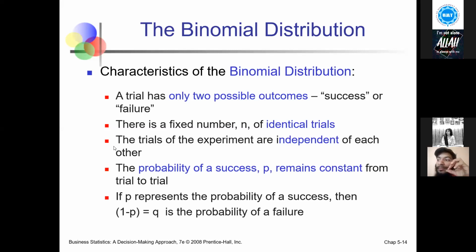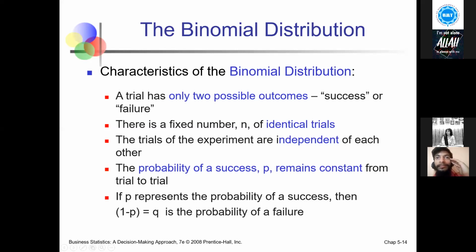So maybe a defected part can be used as a success. It doesn't mean that success is the good way, like passing, correct, and true. Success may happen as a failure, or any kind of probability that you have targeted and you want to find the probability for a particular event.